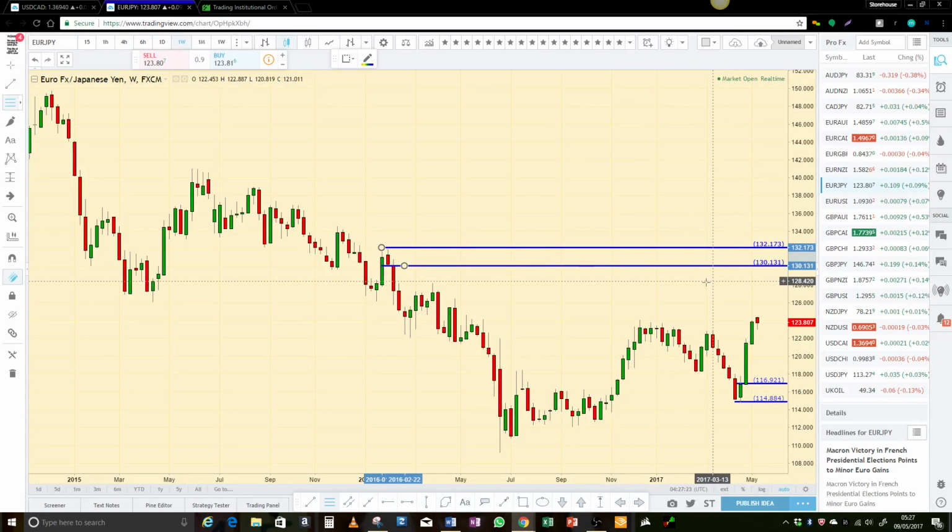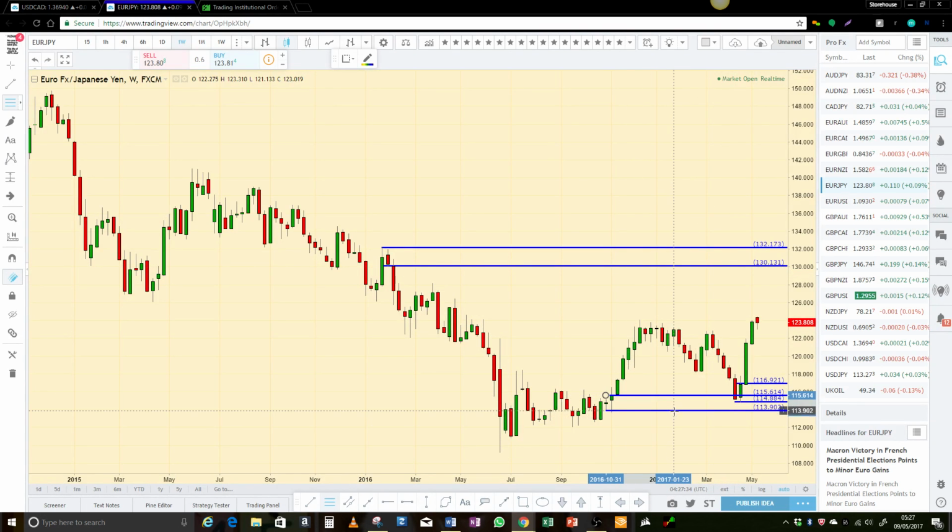We have some room to go in terms of fresh zones that could hinder price movement. We have some room to go to get here, so it'd be interesting to see how that plays out. You can see it was this demand zone that worked out clearly.